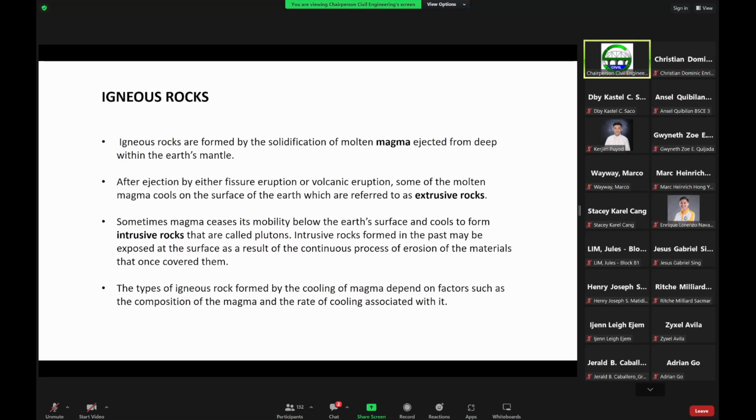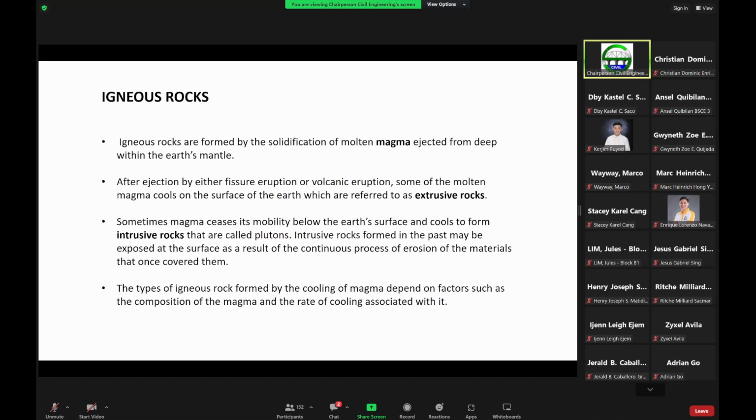If they solidify outside the surface of the Earth, we call them extrusive rocks. But sometimes magma ceases its mobility below the Earth's surface and cools to form intrusive rocks, which we also call plutonic rocks.